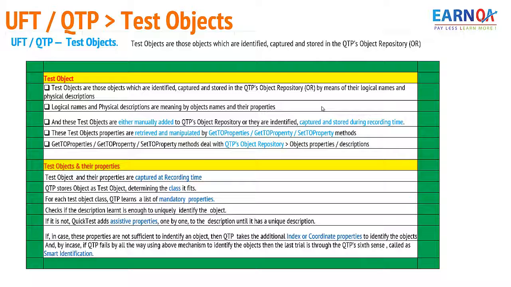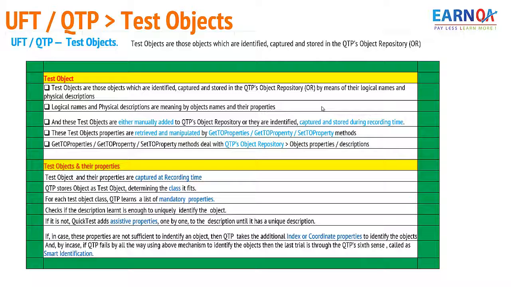While QTP captures test objects, it uses five different mechanisms known as object identification methods: mandatory properties, assistive properties, index properties, coordinate based properties, and smart identification. Nothing to worry about at this point, because the next presentation is all about object identification methods.